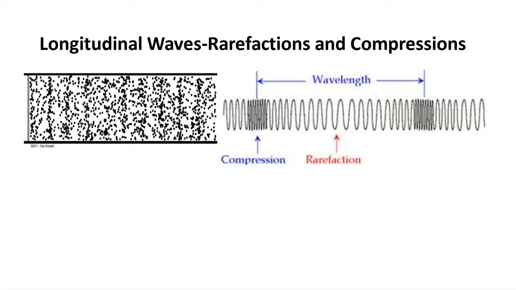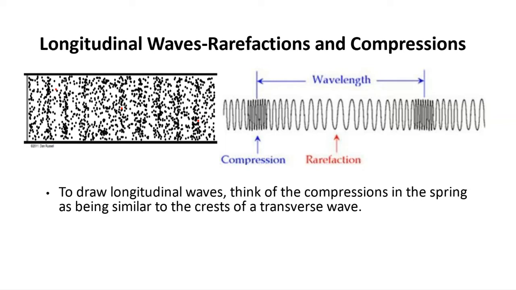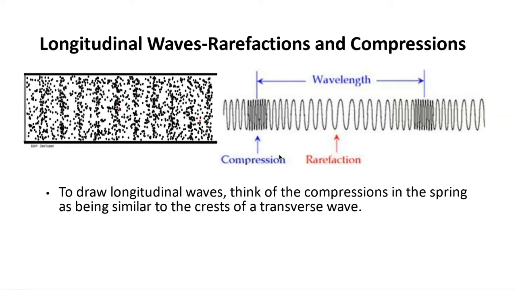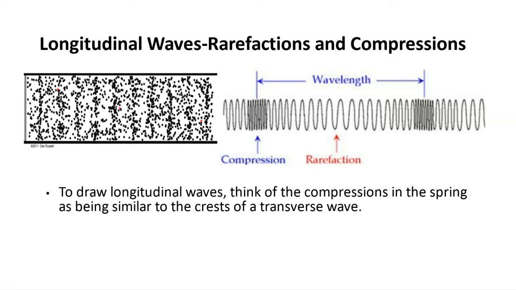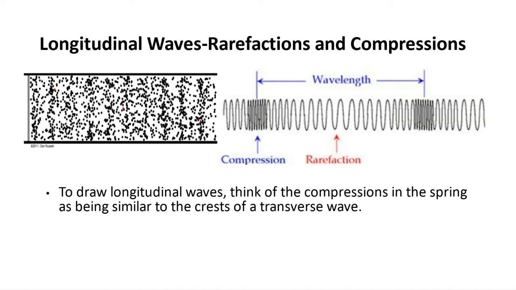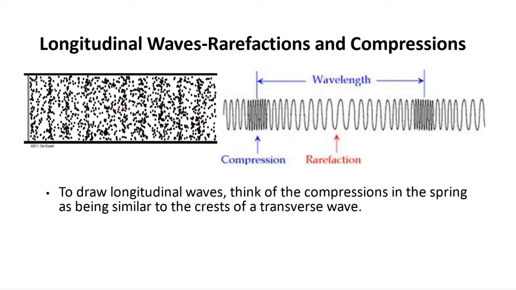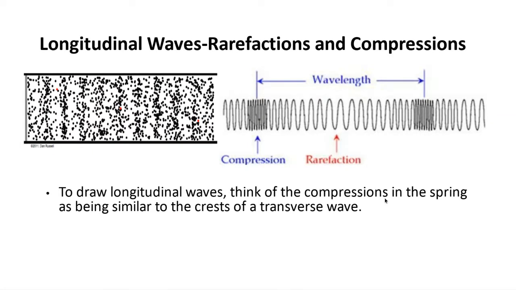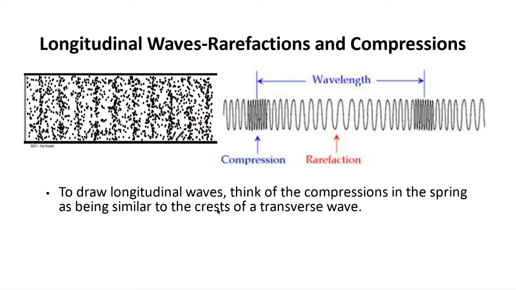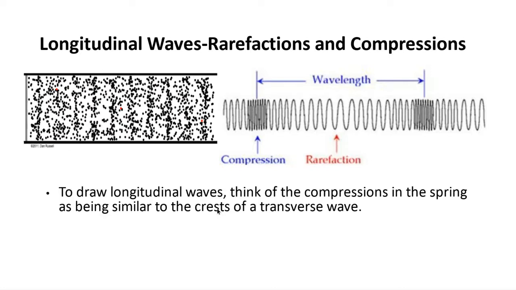Okay. So here we have another model of a longitudinal wave. And if you remember, we can easily draw a transverse wave. It kind of just looks like a snake, okay? But to draw a longitudinal wave, I want you to think of these compressions right here as being similar to the crest of a transverse wave.